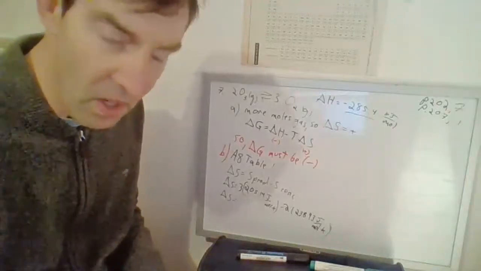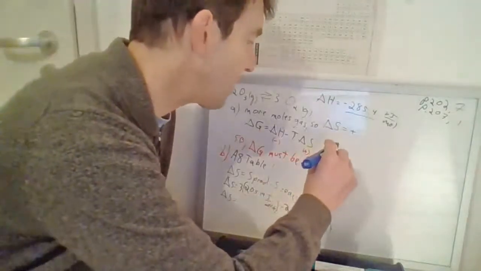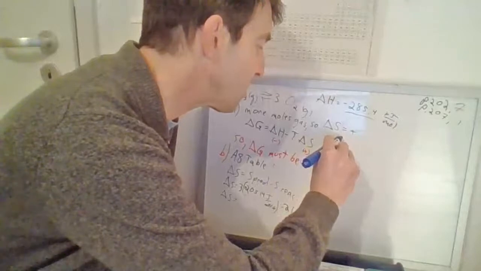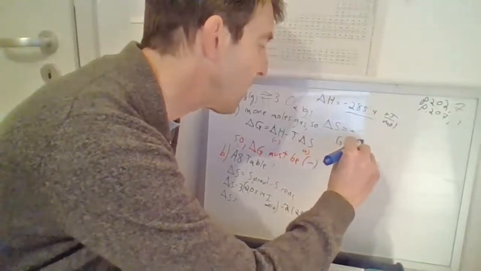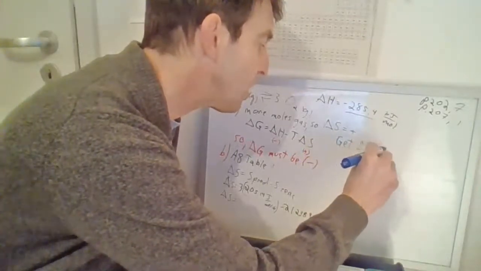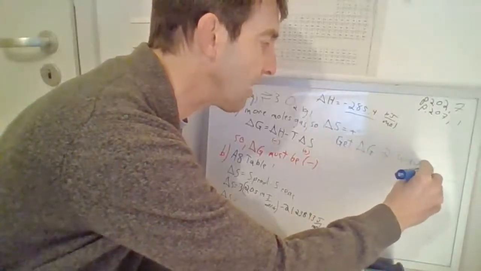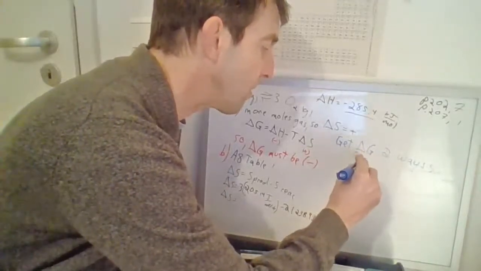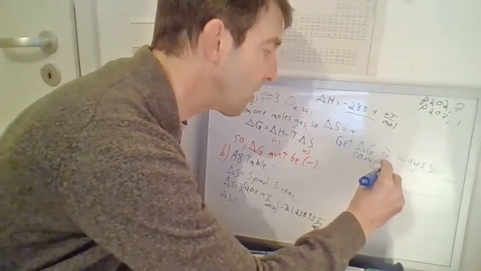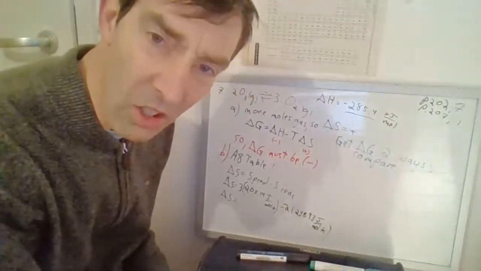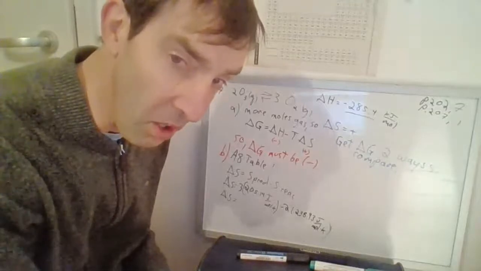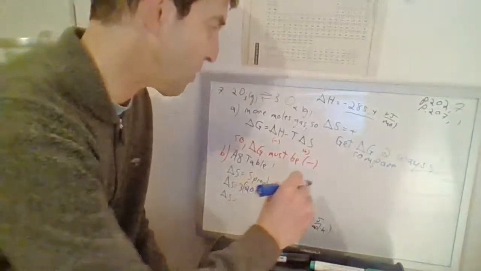Okay, you ready? All right, so we're going to get delta G 2 ways. This is what I think they want you to do, and compare. When you get the 2 answers, Bella, they should be pretty close. So let's do the first way.